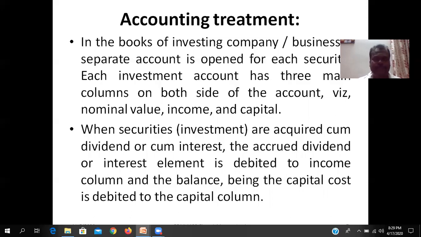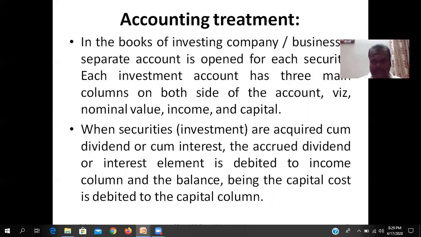Keeping all this information about cum dividend and ex dividend, we can move to the accounting treatment. You know that for the financial accounting of each and every transaction, you can think about the double entry. According to the double entries, you can start to make the entry in the necessary ledger. When we purchase the investment, the double entry would be investment account debit, bank account credit. If you sell the investment, the double entry is bank account debit and investment account credited.